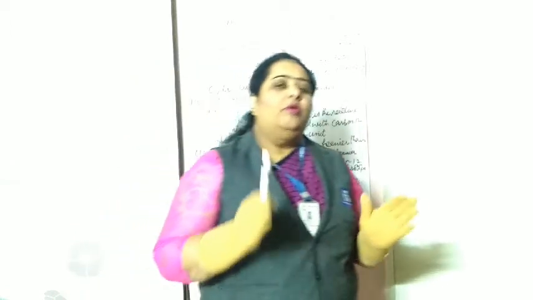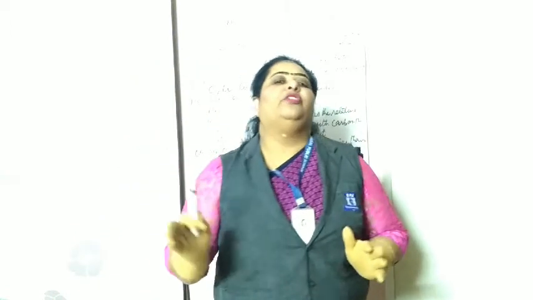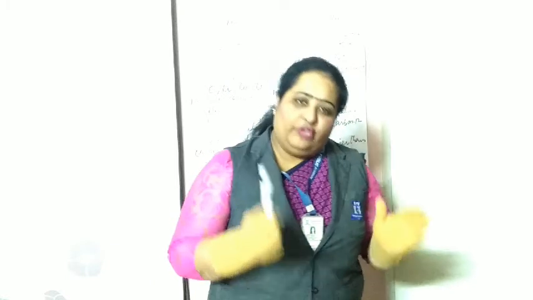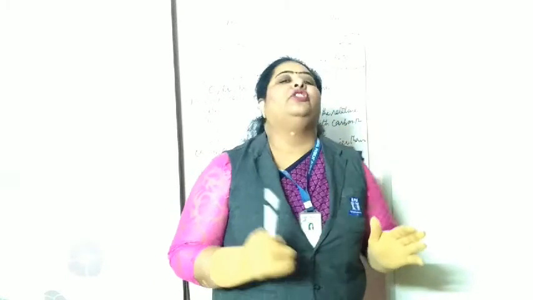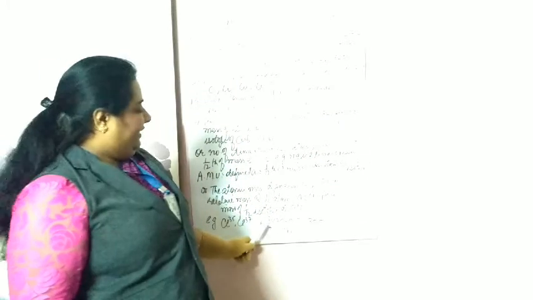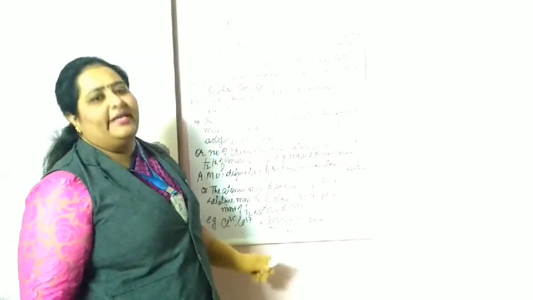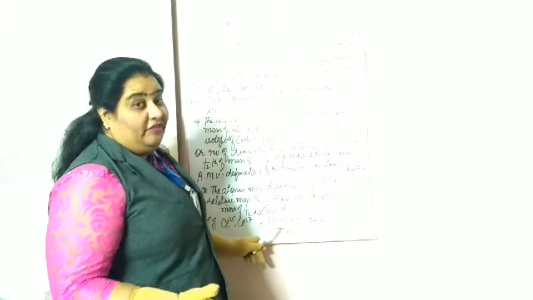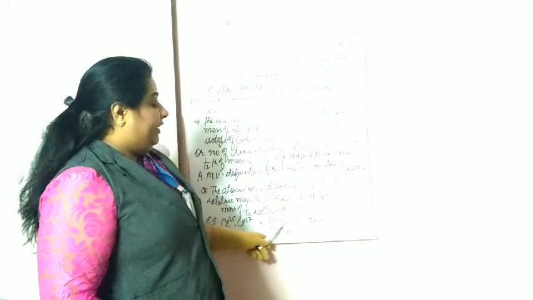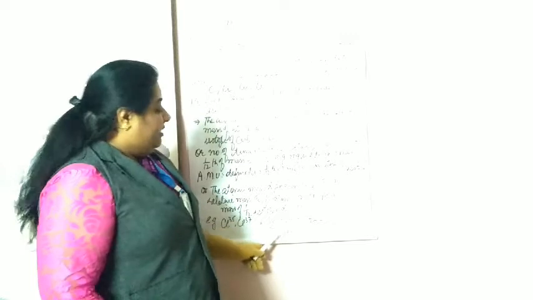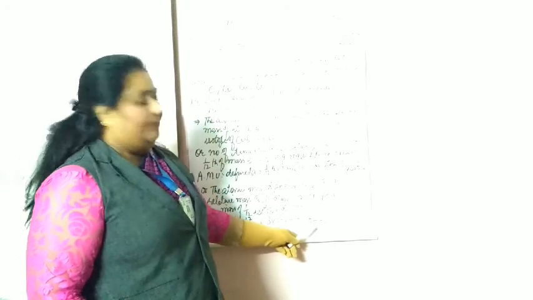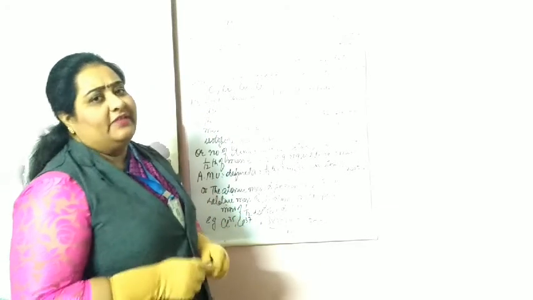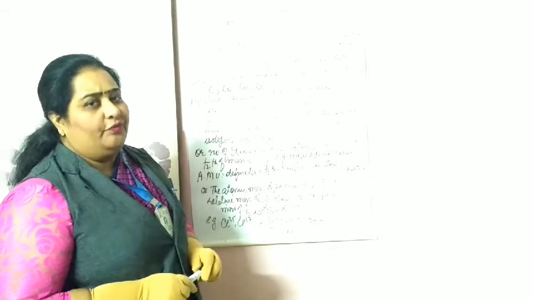Only 1/4 will be of mass number 37 and 3 parts will be of mass number 35, right? So calculating the average, let it be 100 atoms constituting chlorine. Out of those, 3 parts will be of 35 and 1 will be of 37. Divided by 3 plus 1, it comes to 35.5 units. This is the average mass of chlorine.